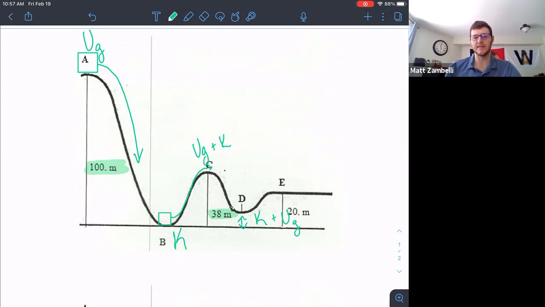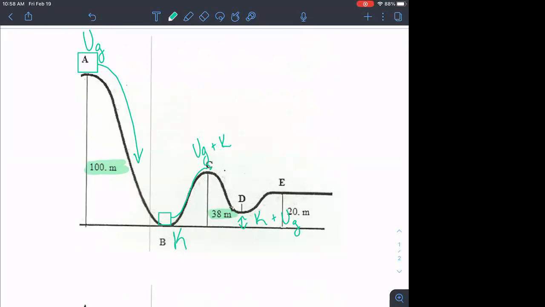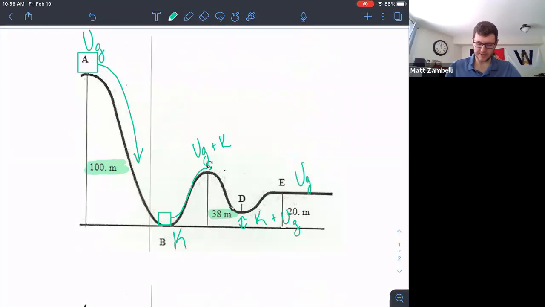And what about at E? Just gravitational. All right, gravitational potential because we're at a height. Everybody agree?